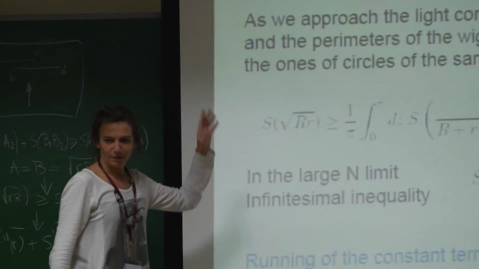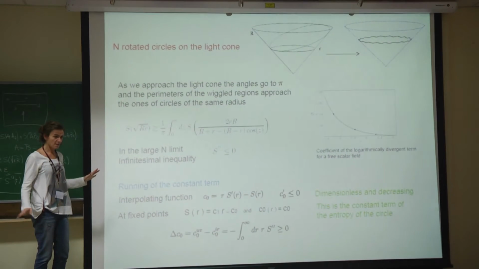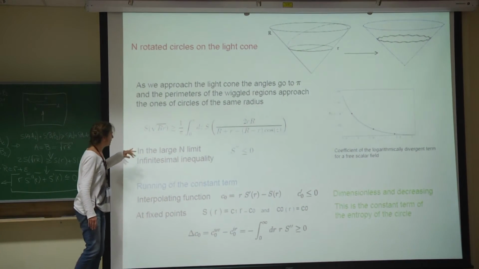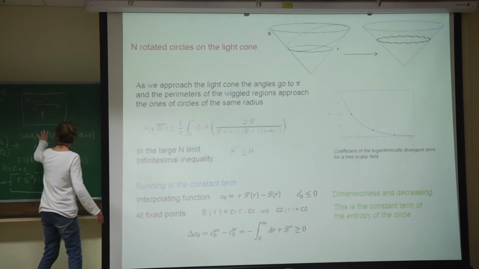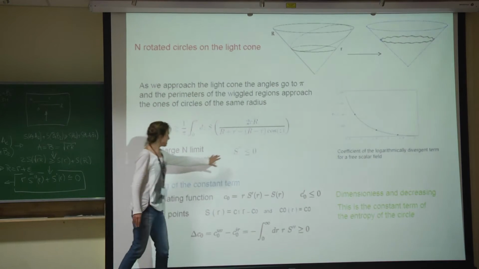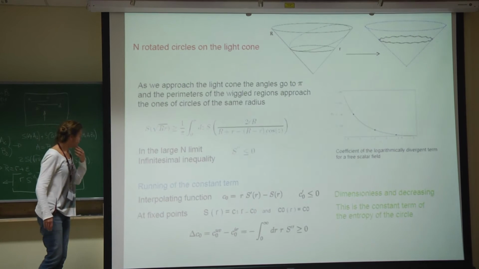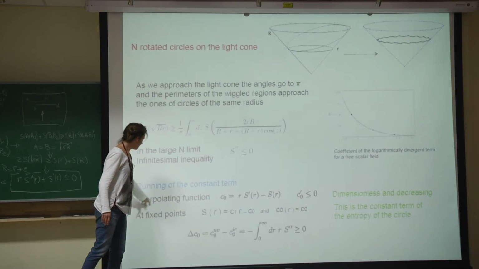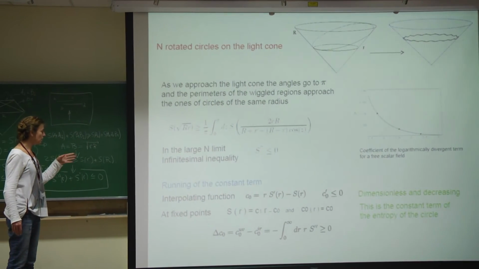I'm not going to show you the details of the calculation. It is not difficult, but what you get at the end is exactly the same philosophy I used here, this condition for the entropy. And from here, again, you can write an interpolation function.